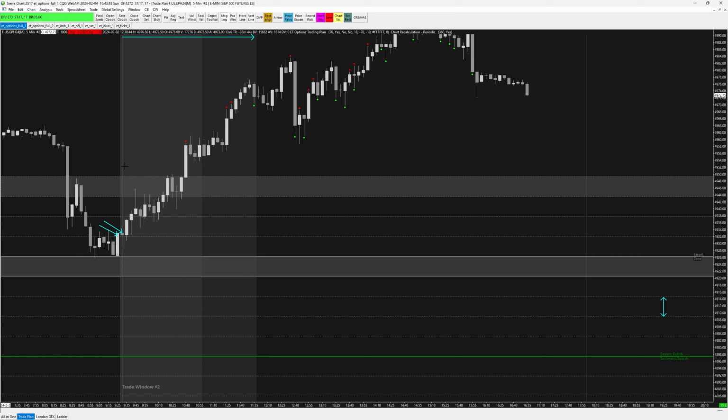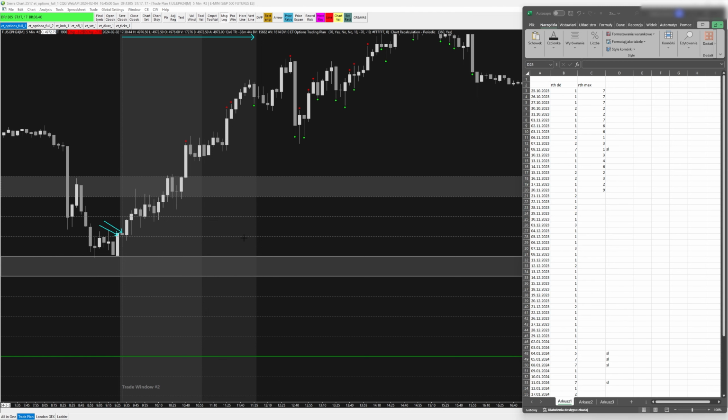Okay, so during this period, this trade window number 2, what is the average drawdown in the sense of how many units of risk you would have to withstand during this period with your position? Okay, so let's see the stats.